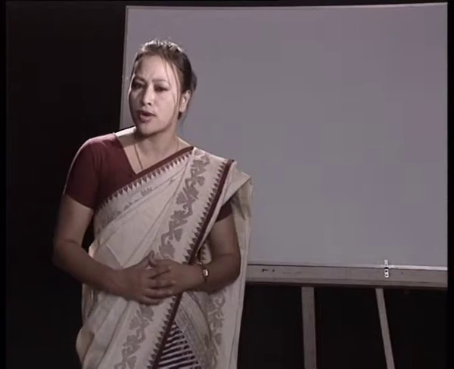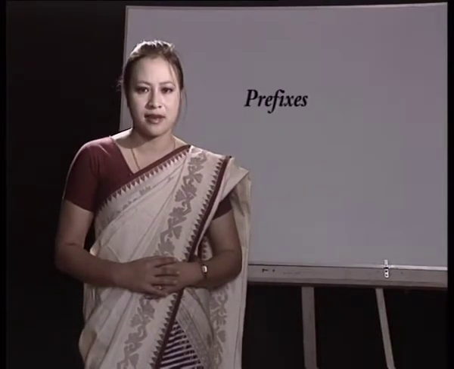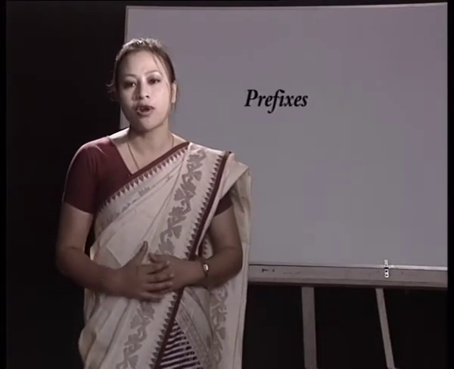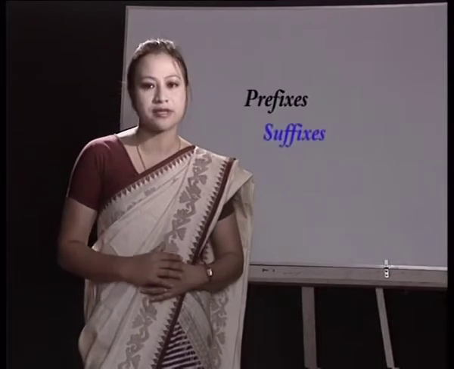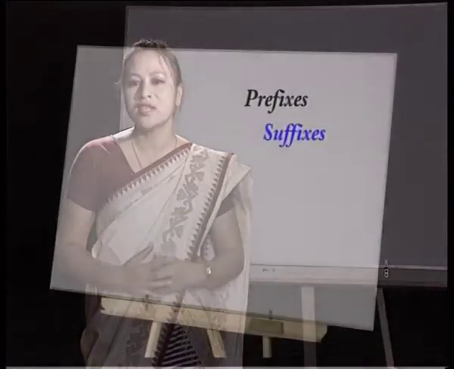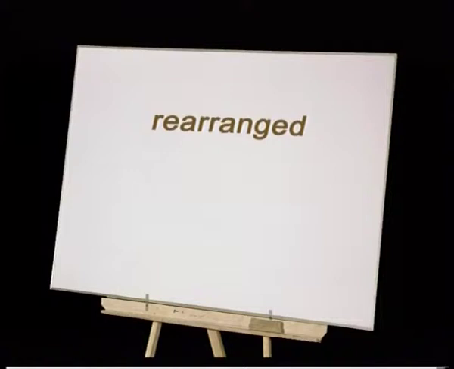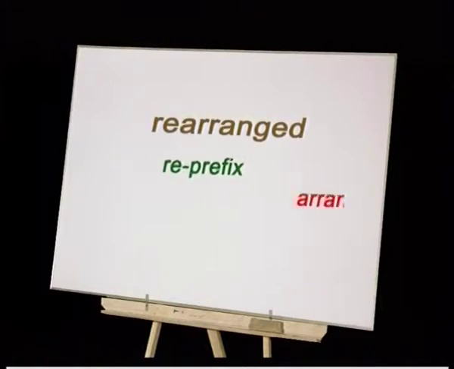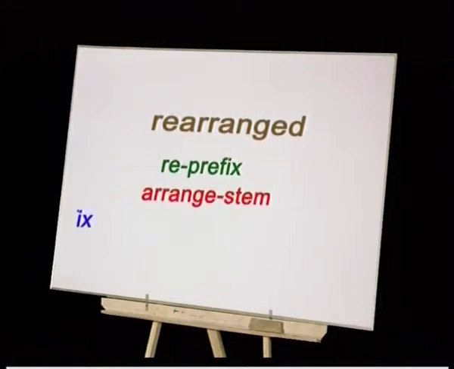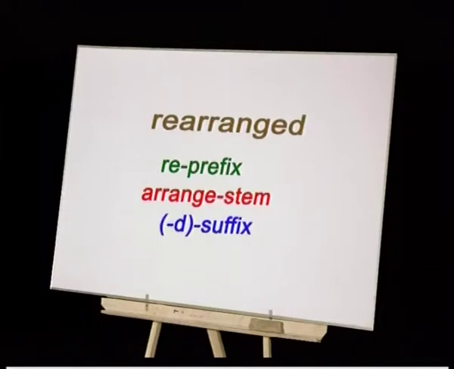Affixes that precede the stem are of course prefixes, while those that follow the stem are suffixes. Thus in word rearranged, re is a prefix, arrange is a stem, and d is a suffix.